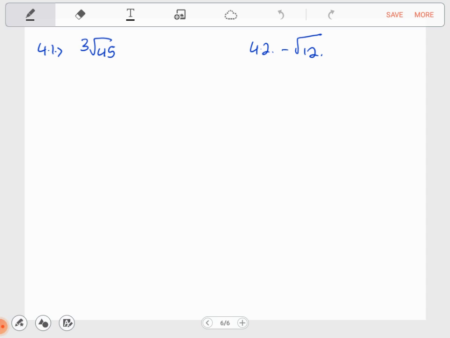So if you go to your calculator and you type in the cube root of 45, it gives you an answer of 3.5. So that means the final answer is 3 is less than the cube root of 45, which is less than, okay, and the next number after 3 would be 4. Okay, now this is the final answer.